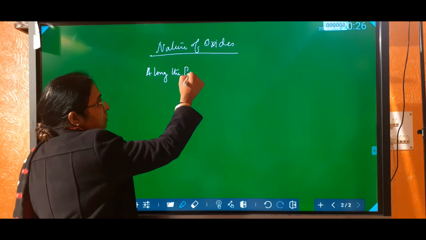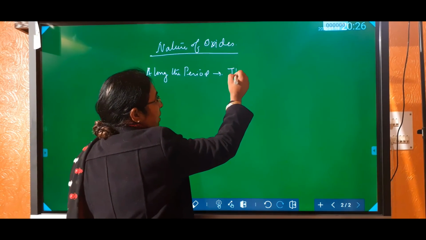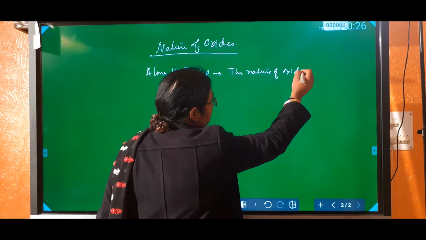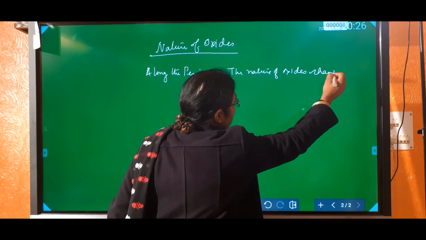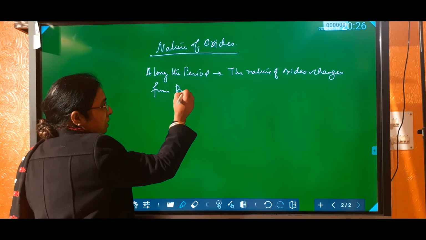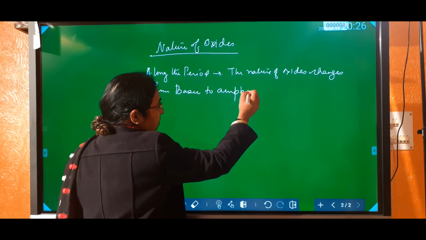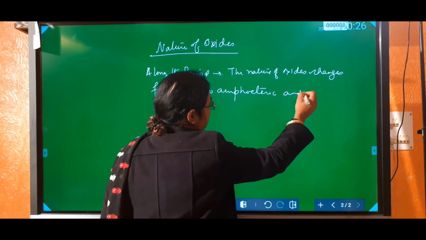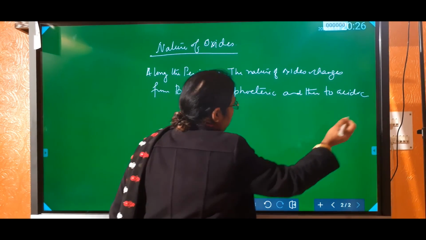Along the period, the nature of oxides changes from basic to amphoteric and then to acidic. Let us see how.